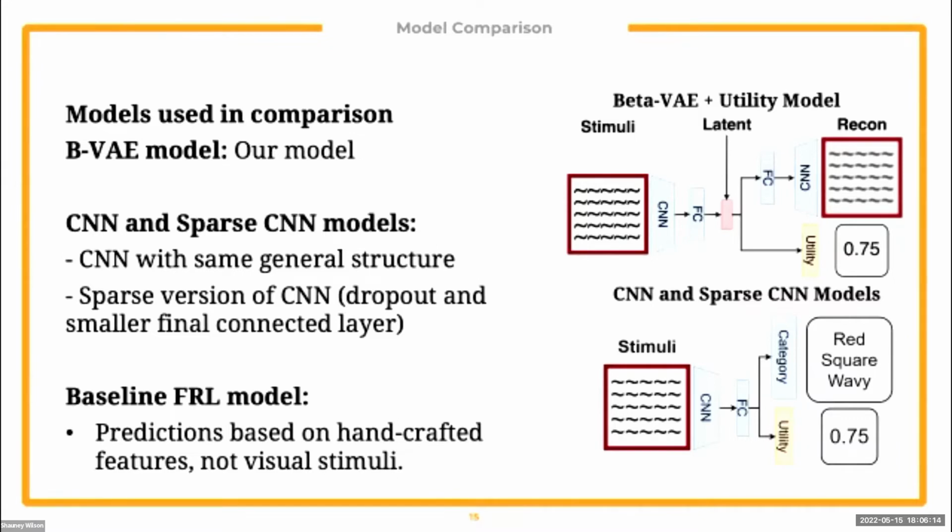That's just to mimic the information bottleneck property of the Beta-VAE model. Additionally, just for the sake of comparison, I'll also show the baseline FRL model from the original paper. Again, these predictions are based on handcrafted features, not the visual information. So that's sort of an upper bound on the accuracy of these predictions because it's being used to train all the deep neural network models.